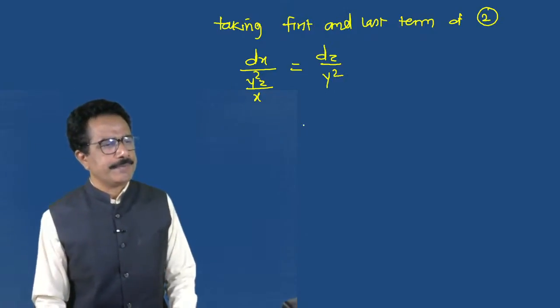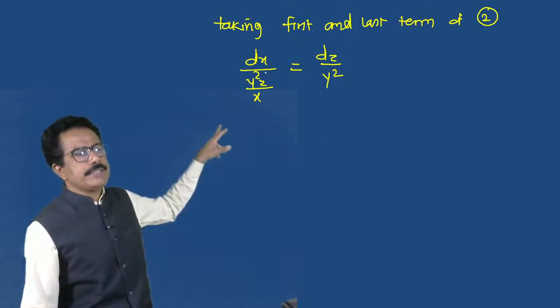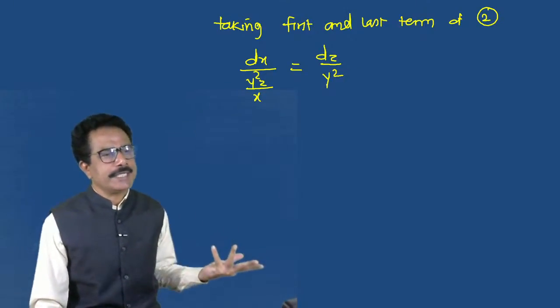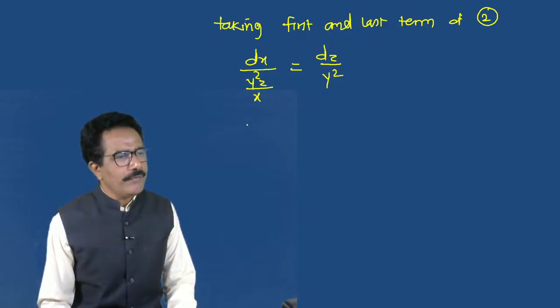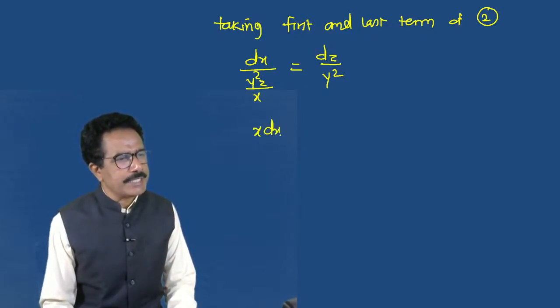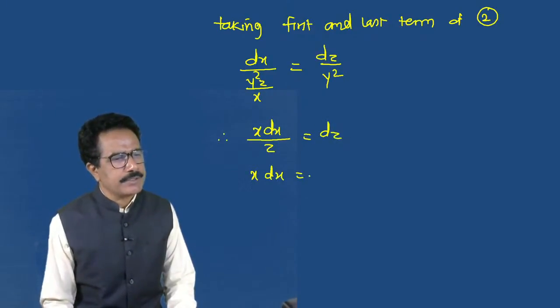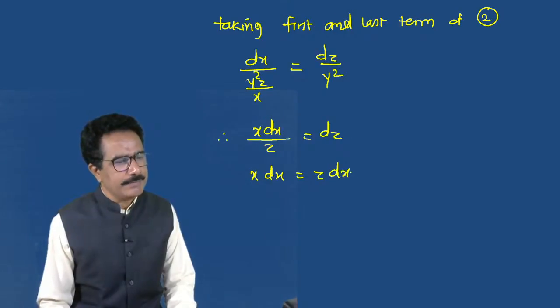Is it okay? See, this y square we can cancel, so we can write x dx divided by z is equal to dz. So x dx is equal to z dz.